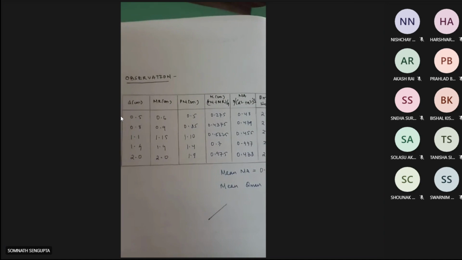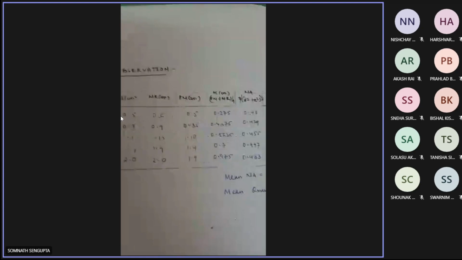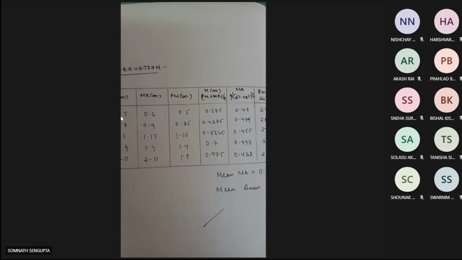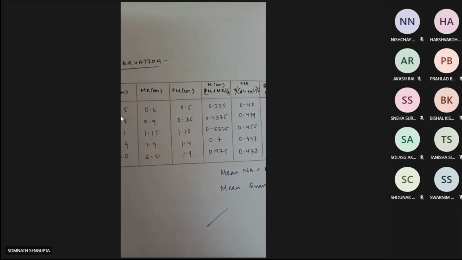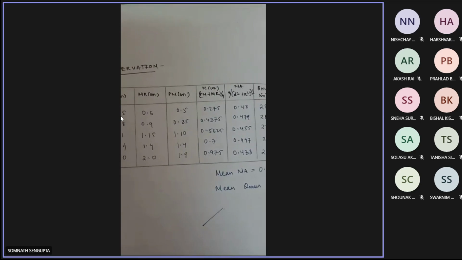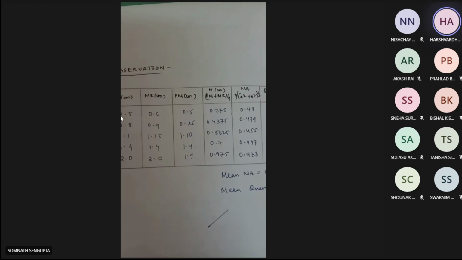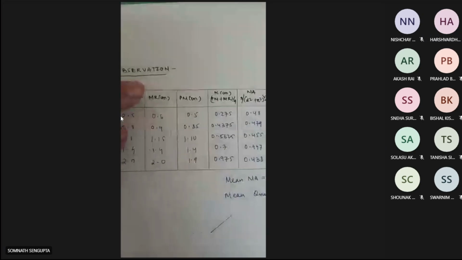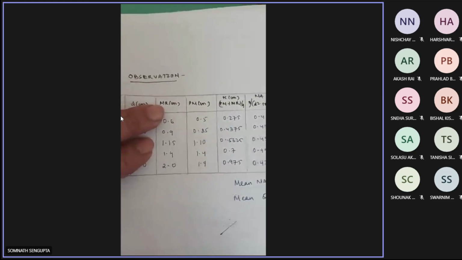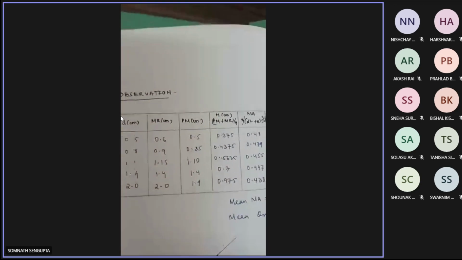First, you have to make this table with 5 columns. Can you see this table? Yes, sir. What is the first column? Sir, D is given. Small d in centimeters. Then the spot size diameters, as mentioned in the manual.